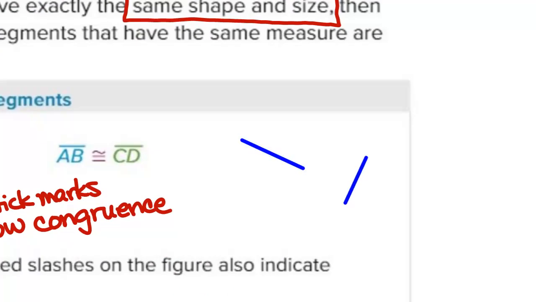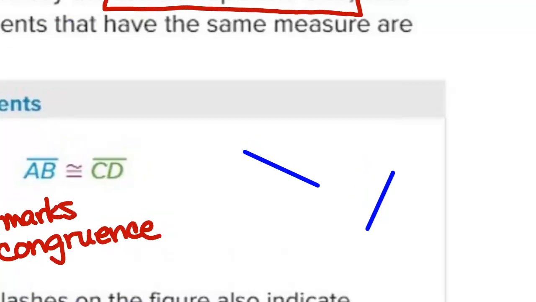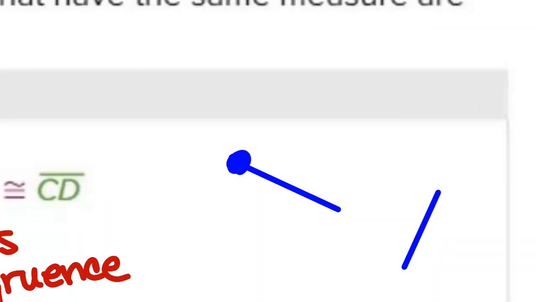Sometimes we're going to have a lot of things going on in the picture, and we might have already marked 2 things as congruent and put 1 tick mark on each one. In that case, we would put 2 tick marks on other things that are congruent. So it doesn't matter how many tick marks there are on these line segments, as long as the ones that are the same size have a matching number of tick marks.